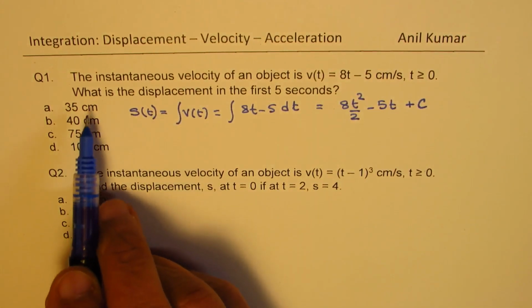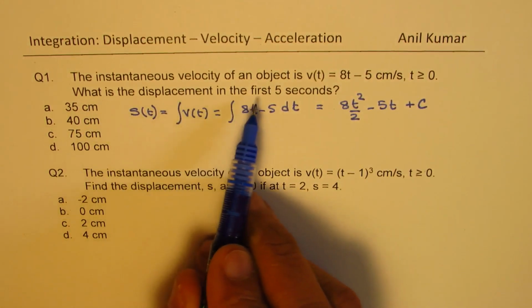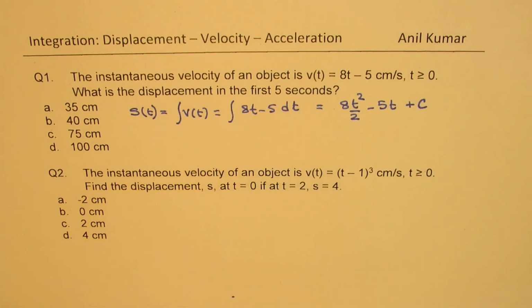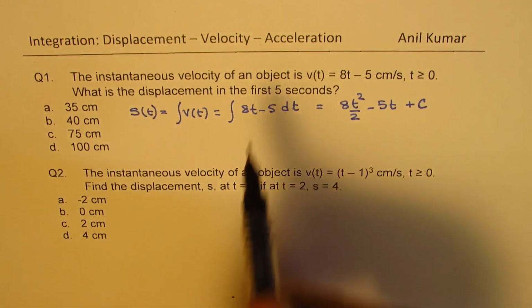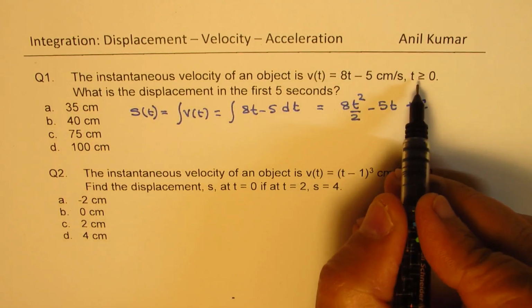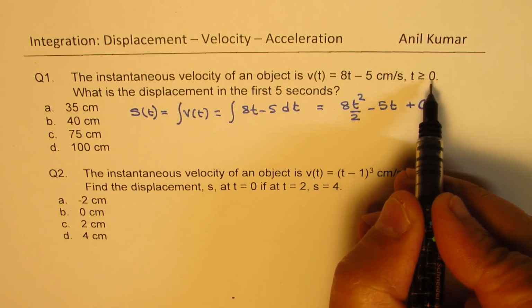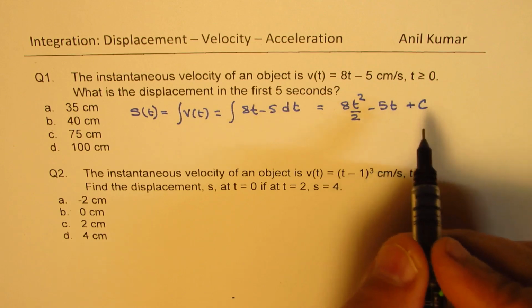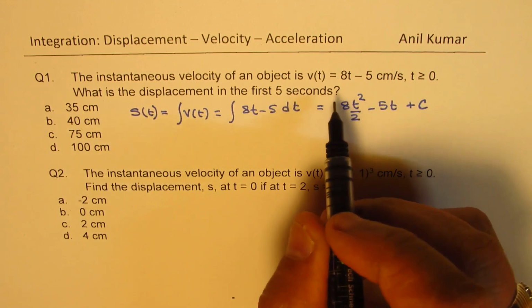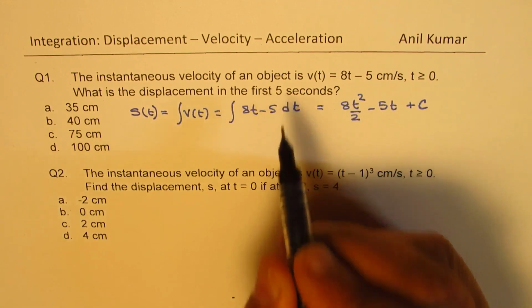Now we need to find the displacement in the first 5 seconds. When we say first 5 seconds and we are saying t is greater than or equal to 0, that means we want this displacement from 0 to 5, correct?